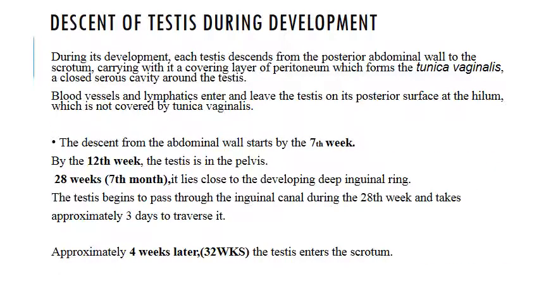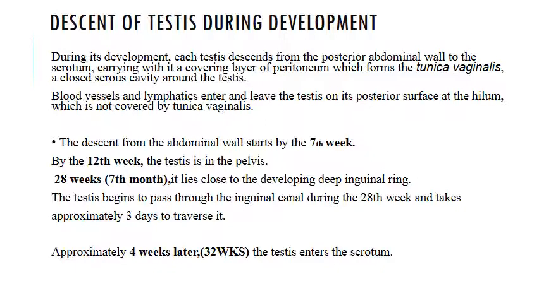During the development of testis, one of the important steps is descent of testis in the fetal life. Usually the testis is covered by tunica vaginalis and it is abdominal in position at the 7th week.